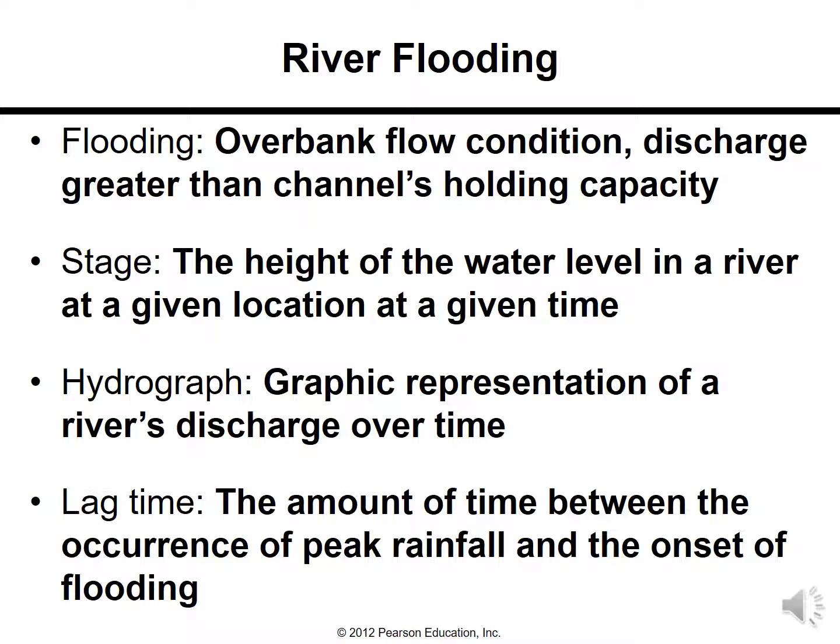The stage means the height of the water level in a river at a given location at a given time. Hydrograph means the graphic representation of a river's discharge over time. Lag time is the amount of time between the occurrence of peak rainfall and the onset of flooding. These terms are important when it comes to measuring floods.